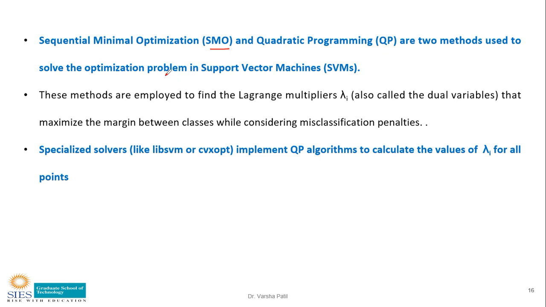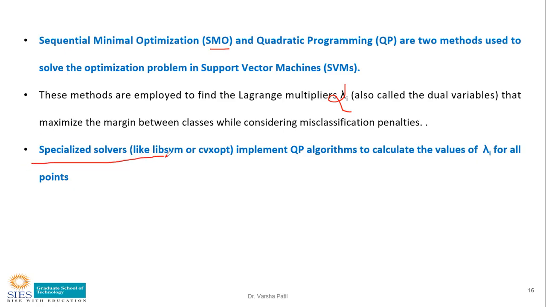Solving the optimization problem is nothing but finding the value of alpha i, and alpha i should be greater than or equal to 0, and for all data points summation 1 to m alpha i yi must be 0. These methods are employed to find the Lagrange's multipliers alpha i, also called the dual variables, that maximize the margin between the classes while considering the misclassification penalties.